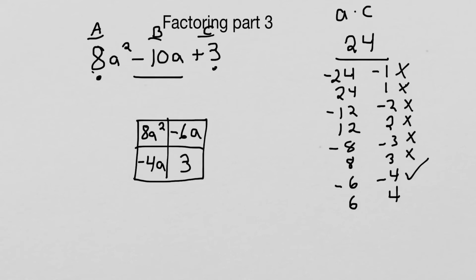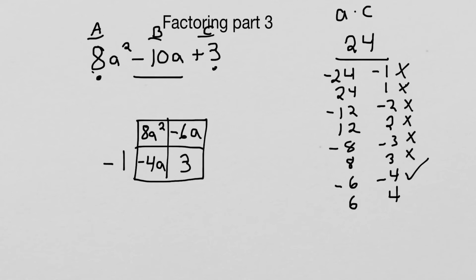On the bottom, I'm going to do my horizontals first. So I'm going to do the -4a, and I'm going to do the positive 3. The greatest number that comes out of both of those is a -1.